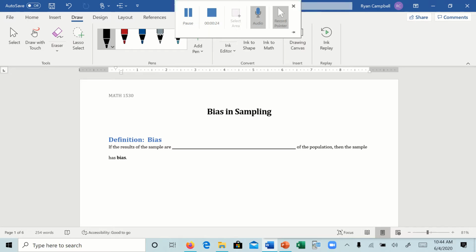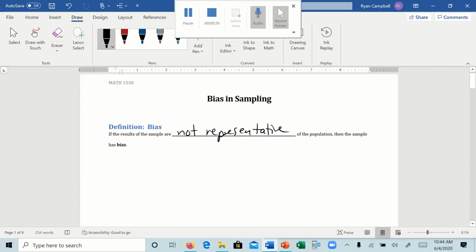So ultimately, we say that if the results of a sample are not representative of the population, then a sample has a bias.